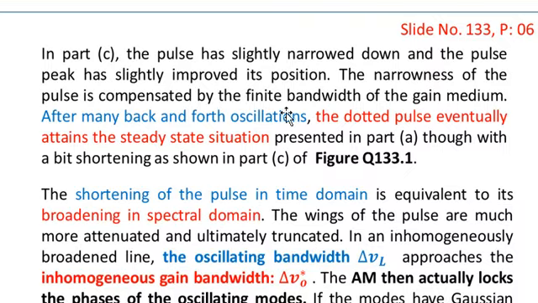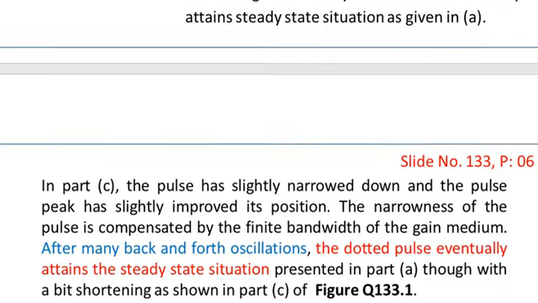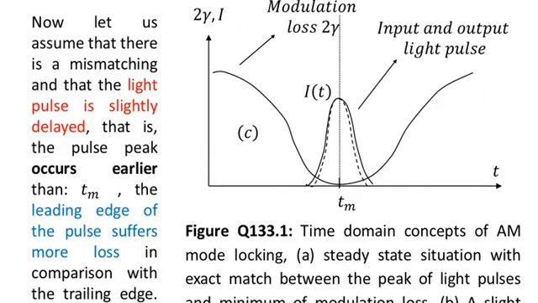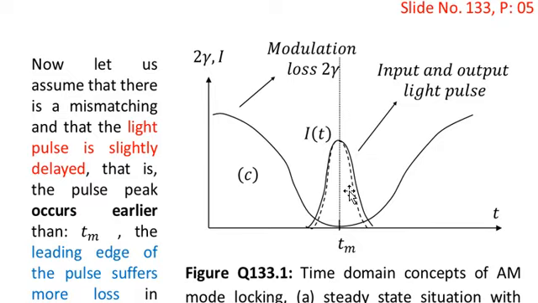After many back and forth oscillations, the dotted pulse eventually attains the steady state situation presented in part A, though with a bit of shortening as shown in part C of figure number 1. So part C actually represents the output.